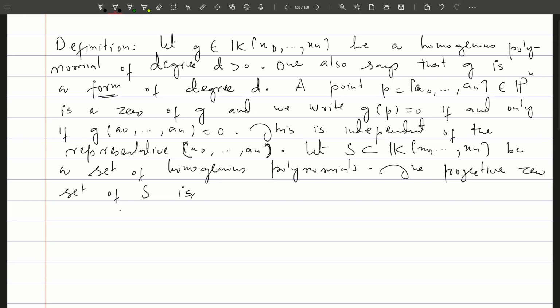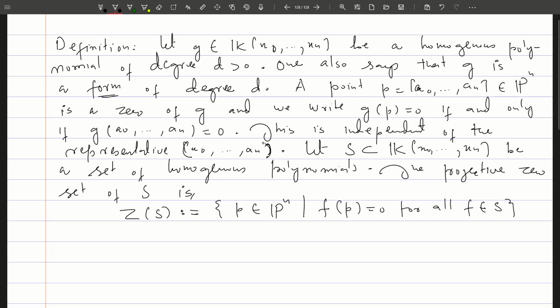We call this Z of S, equal to all those points in the projective n space such that f of p is equal to 0 for all f in the set S. So this is called the projective zero set.